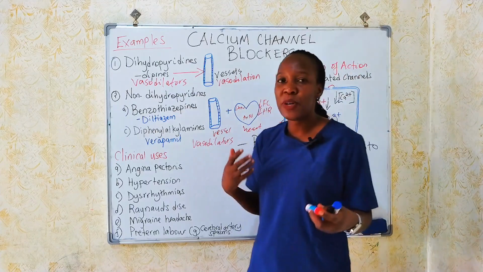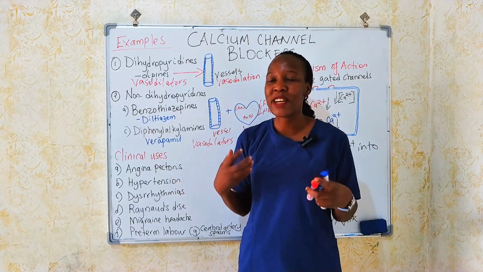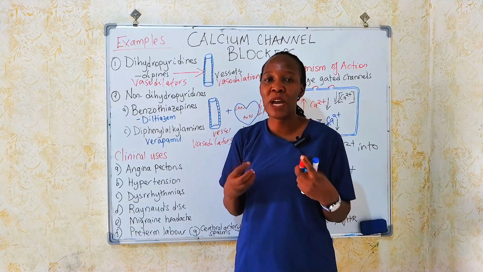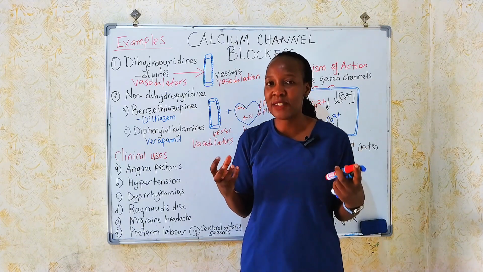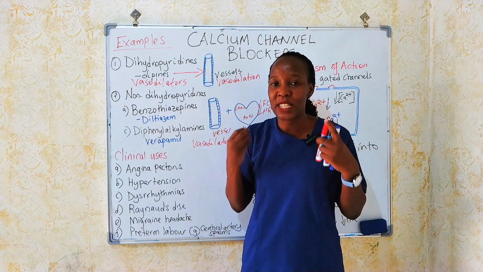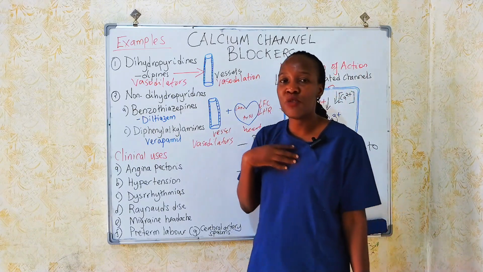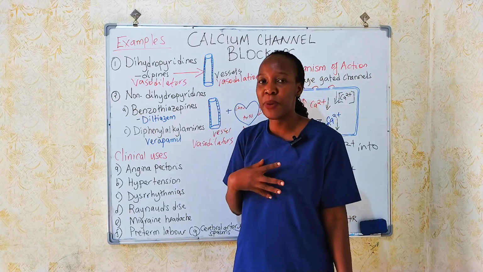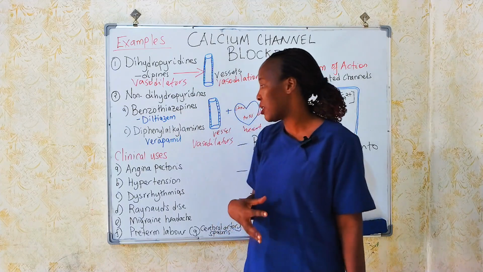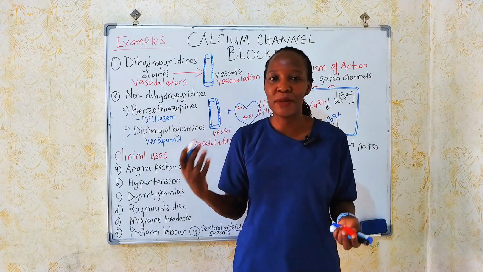So angina pectoris is an ischemic chest pain or chest pain that is produced by myocardial ischemia because less blood is flowing to the heart and the heart muscle is receiving inadequate blood, inadequate oxygen. So the patient feels a kind of a heavy crushing type of pain that radiates to the left part of the body.